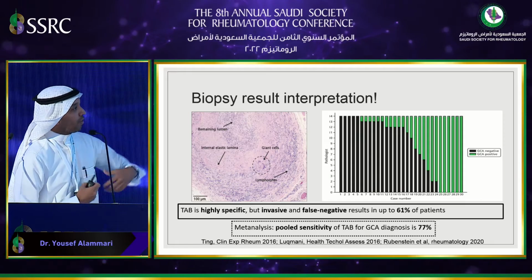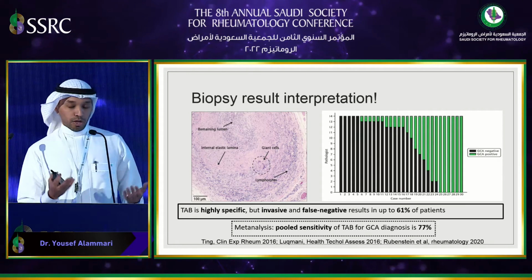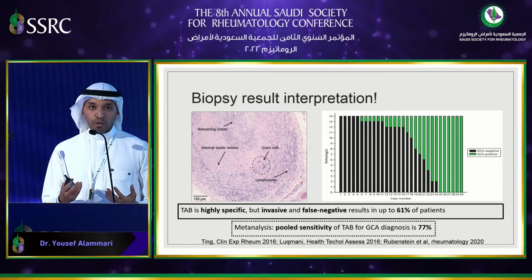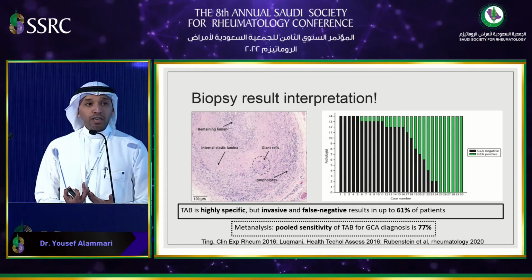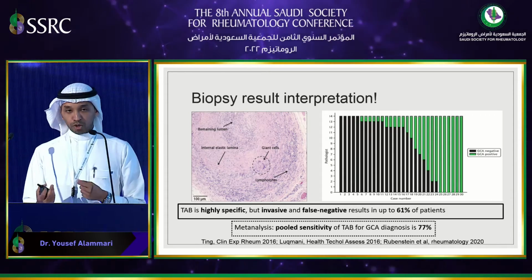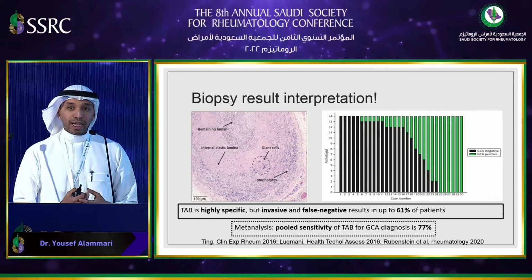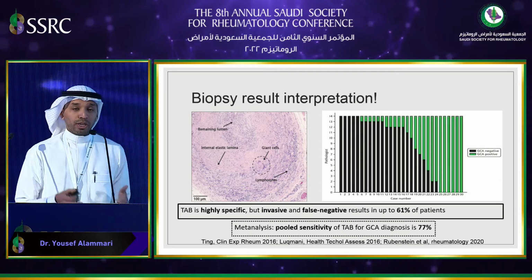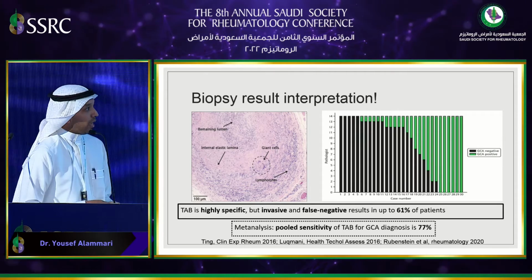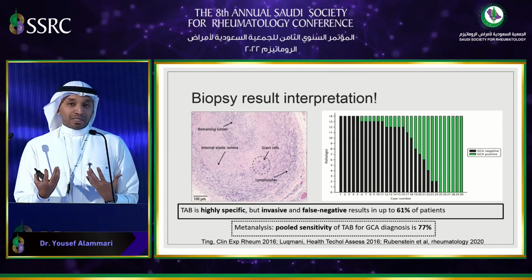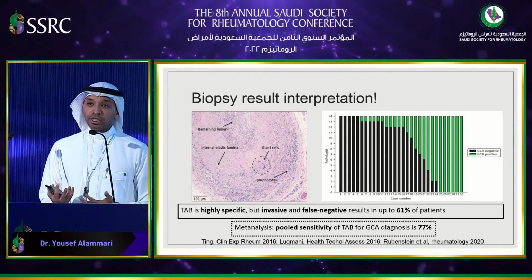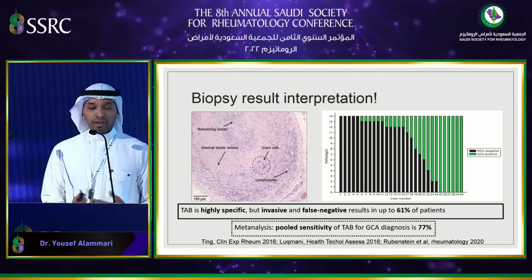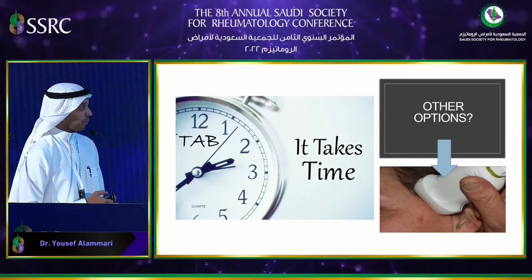And this study involved 14 pathologists who evaluated 30 different histopathology slides for patients with GCA. You can see here the disagreement among these 14 pathologists, although they evaluated the same pathology. So it's really not objective, and the question is, do we really rely only on this biopsy?